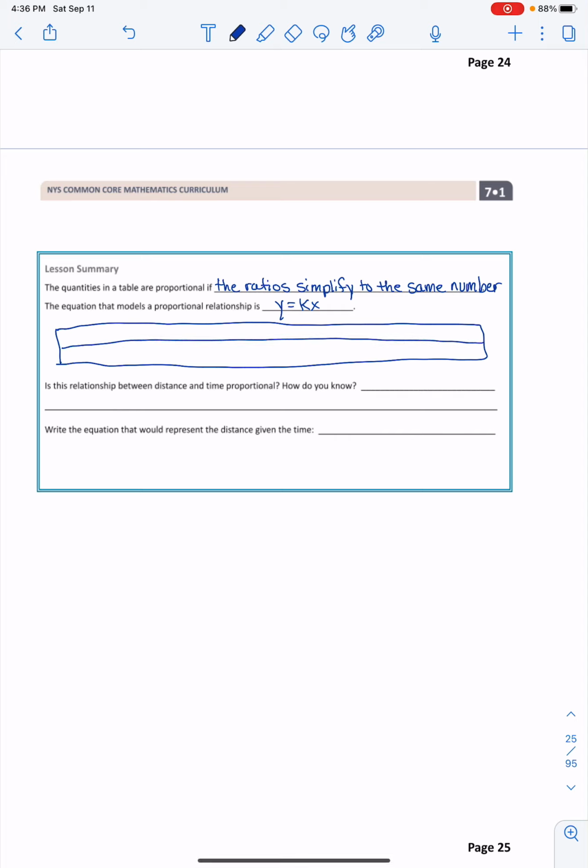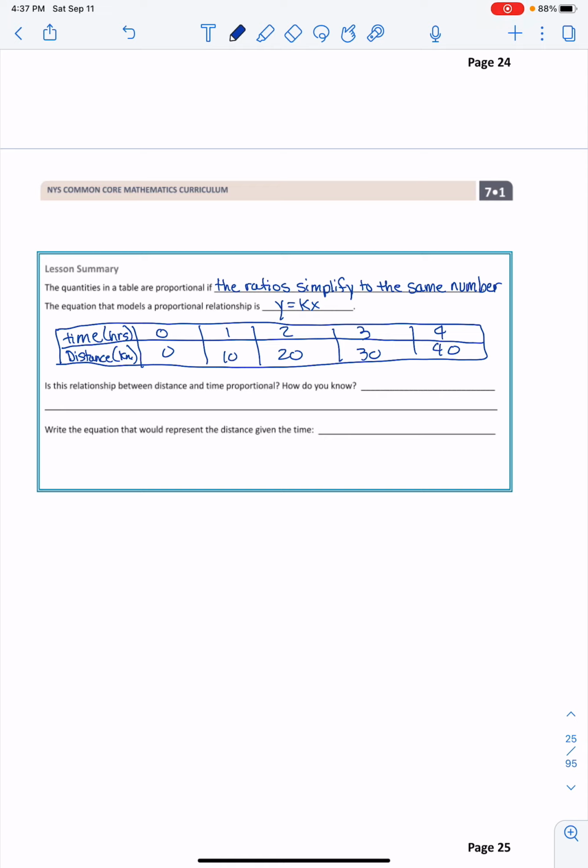But if I put a table in here and put time in hours and distance in kilometers and put 0 and 1 and 10, 2 and 20, 3 and 30, 4 and 40.